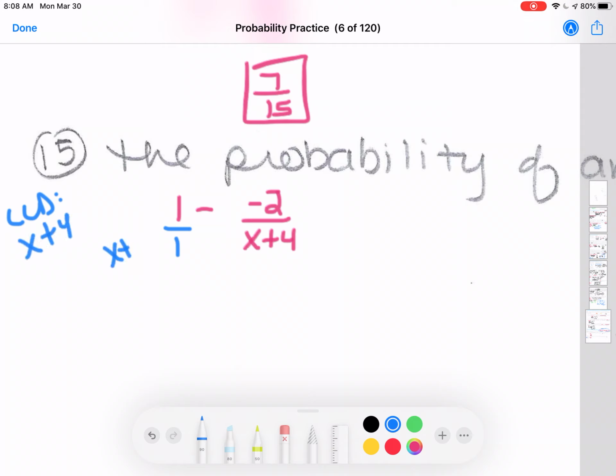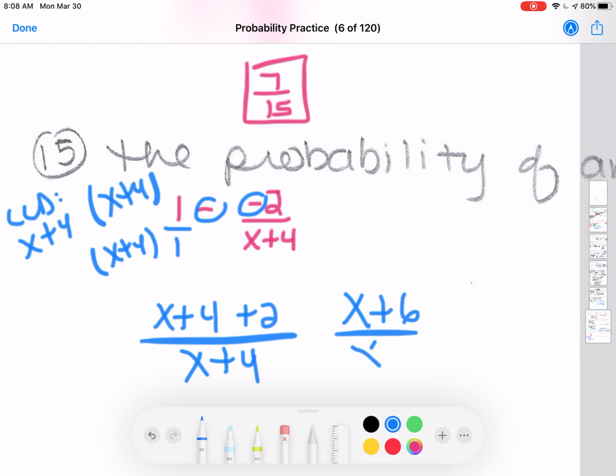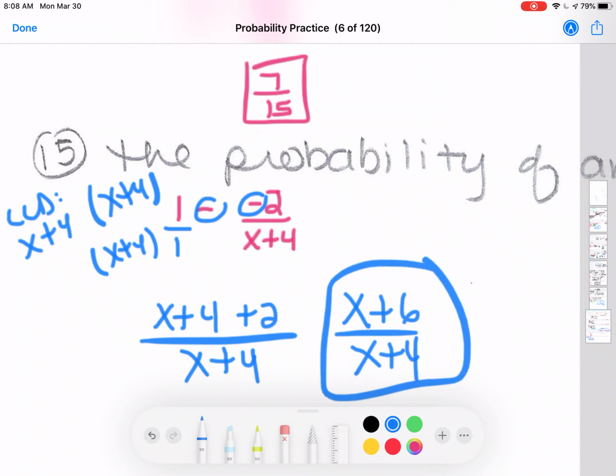So I'm going to multiply the bottom by x plus 4 and the top by x plus 4. So we're left with x plus 4, right, times 1. And then see this minus minus, doesn't that become plus 2 over x plus 4? So x plus 6 over x plus 4. So a little review question like in that one.